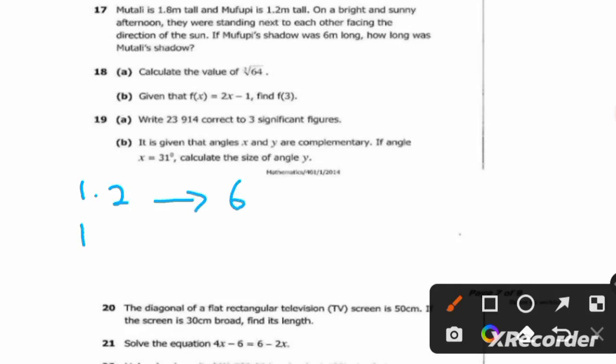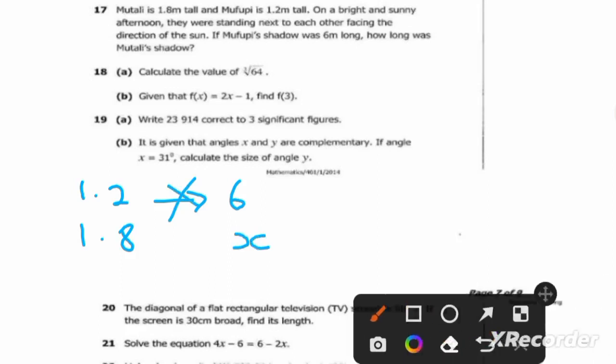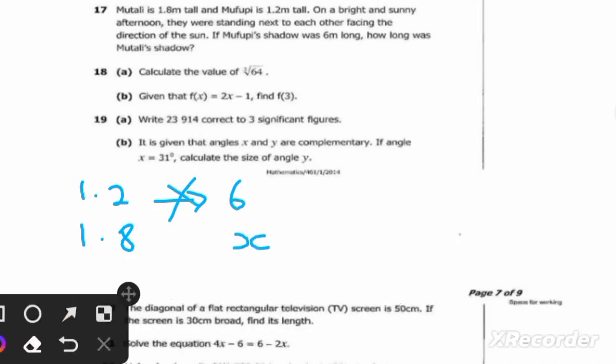Then we don't know the shadow of Mutali, so here we are going to write x. Let us do a cross multiplication.